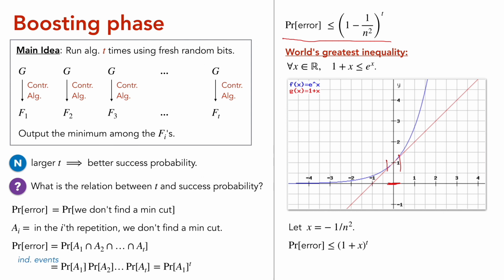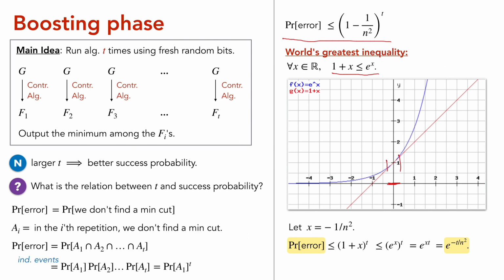Now I use the world's greatest inequality and bound 1 plus x by e to the x. So this is e to the x to the t, which is e to the xt. Plugging back in x equals minus 1 over n squared, I get e to the minus t over n squared. So the probability of error is upper bounded by e to the minus t over n squared.